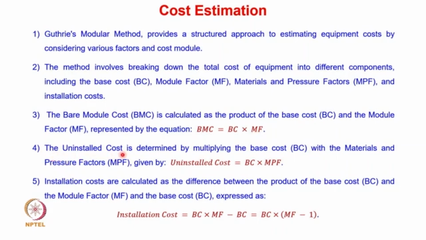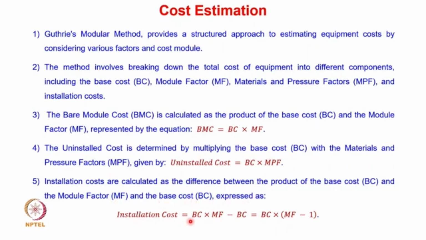Again, the uninstalled cost is determined by multiplying the base cost with the material and pressure factor. So the uninstalled cost is the base cost times the material and pressure factor, and the installation cost is calculated as the difference between the product of the base cost and the module factor, and the base cost.